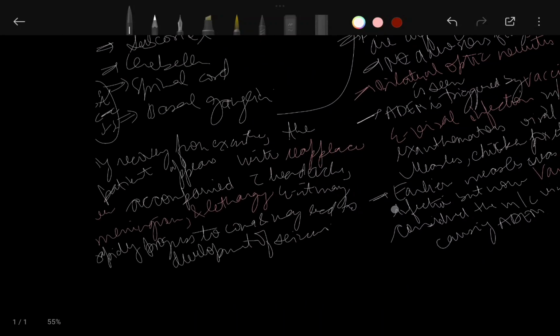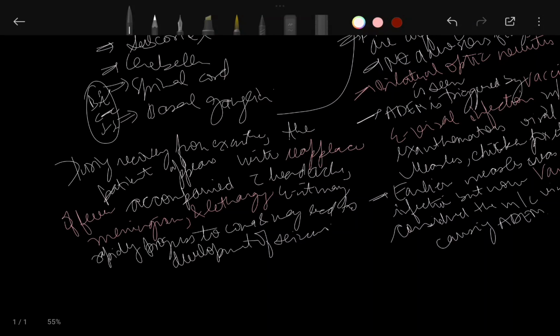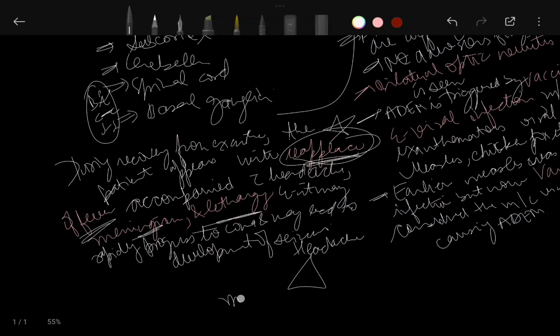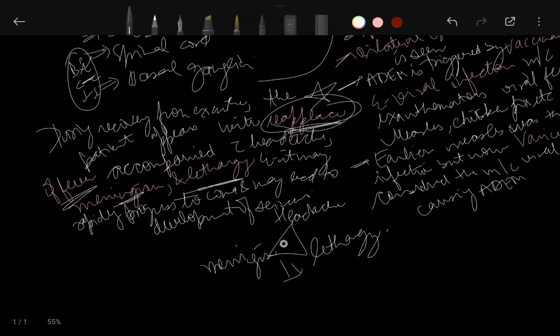During recovery from the exanthem, the patient appears with reappearance of fever, accompanied by headache, meningism, and lethargy, and it may rapidly progress to coma and seizures.